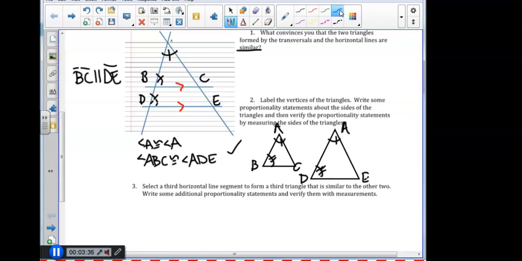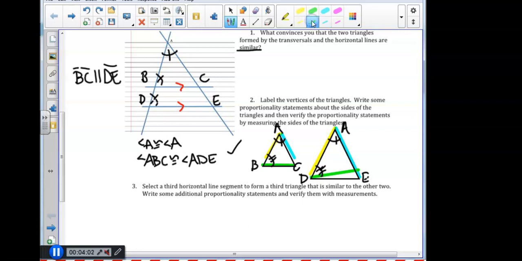If I look at my two triangles, I'm going to choose corresponding sides. Let me just highlight corresponding sides with the same colors. AB corresponds to AD. BC corresponds to DE. And AC corresponds to AE.